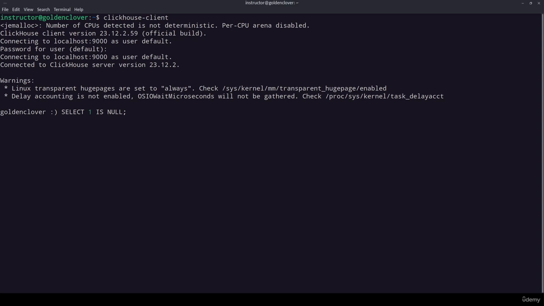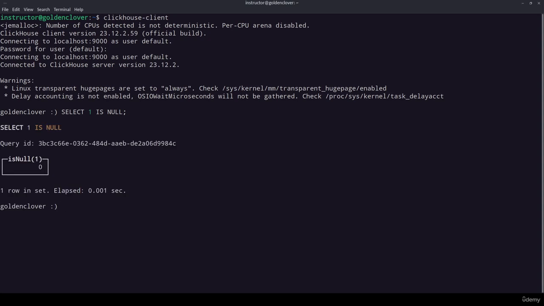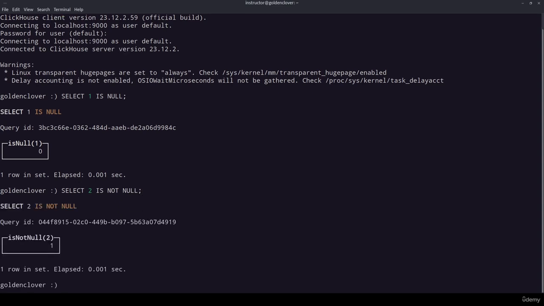Here, we are going to check whether a particular value is a null value or not. Since 1 is not null, we have false as output. And in this example, since 2 is not null, we have true as output.